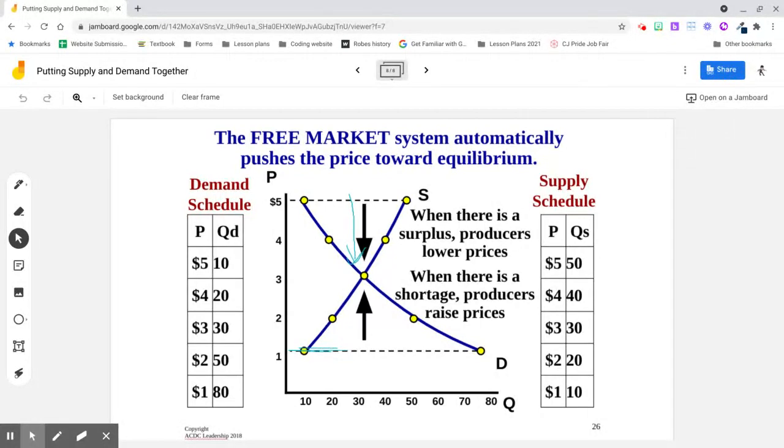I better raise my prices. Now, is there a perfect way to figure that out? Not really. Producers will keep testing the markets and trying things out until they figure out where to put it. But that's the basics of supply and demand. We're going to get a lot bigger into this.